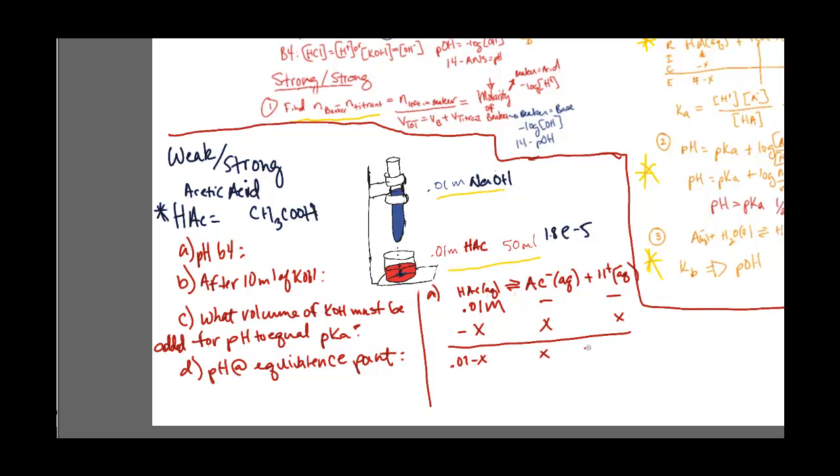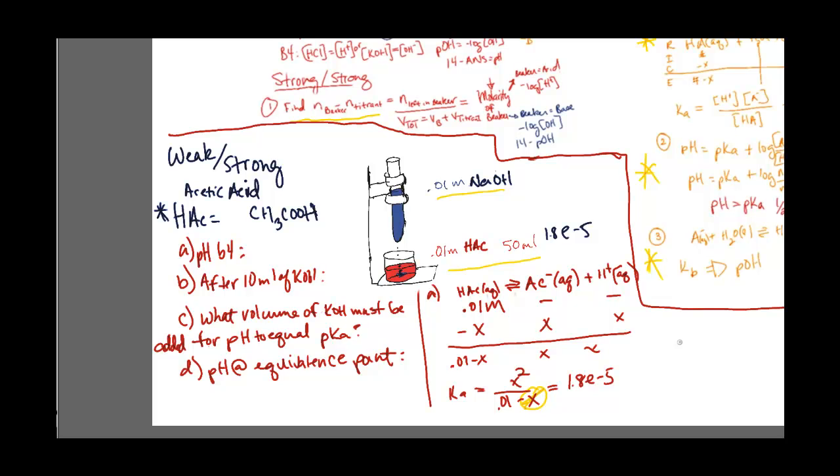We have x and x, so we have Ka equals x squared over 0.1 minus x, but remember that Ka is 1.8 times 10 to the negative 5, right? So what does that mean? That means that we can ignore this change. It's not part of it. So if you multiply both sides by 0.1, that's what we get.